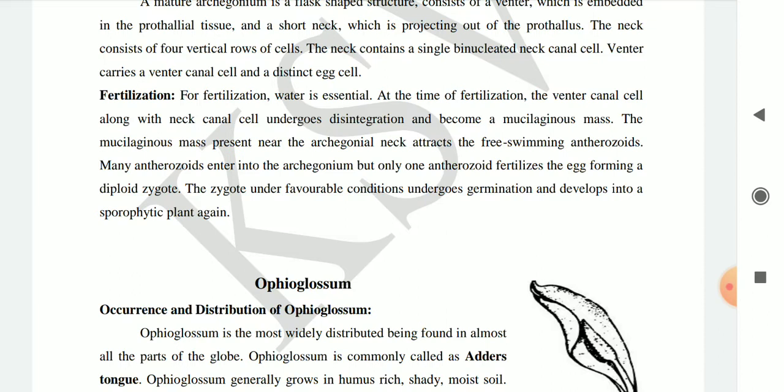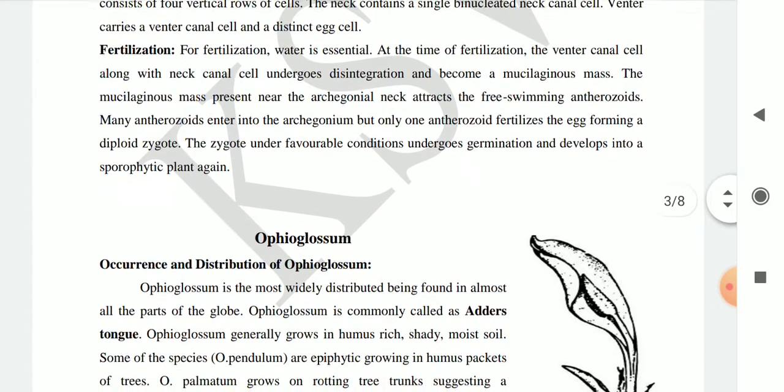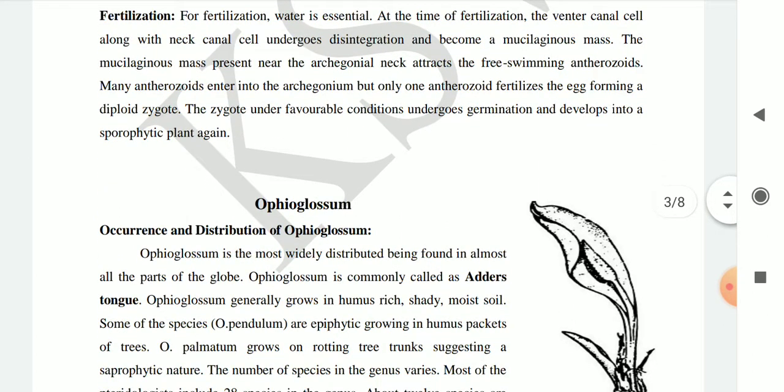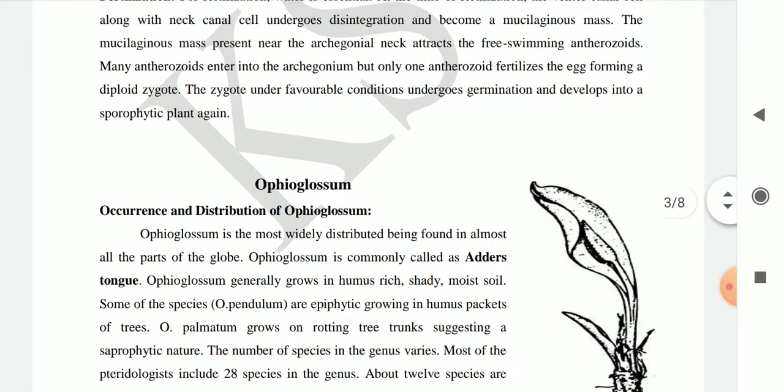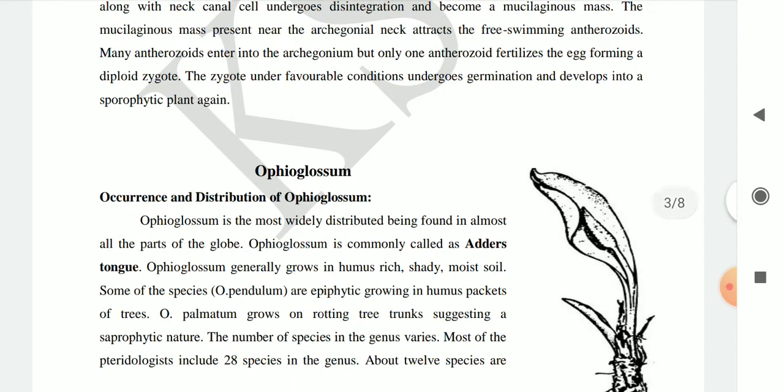This mucilaginous mass in the archegonial necks attracts the free-swimming antherozoids, and a large number of antherozoids enter into the archegonium. Only one is capable of fertilizing the egg, and the diploid zygote is formed. Once the zygote is formed, it germinates and develops into the sporophytic plant again.